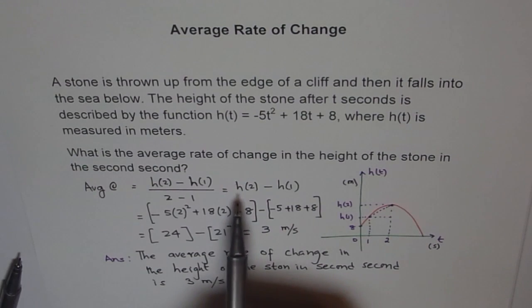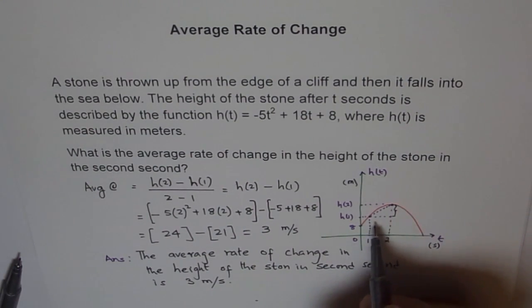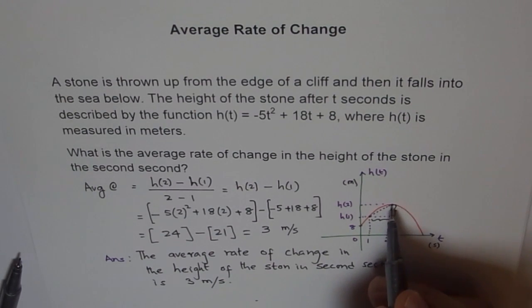So difference of height divided by difference in time, or you can say rise over run, gave us the slope of the secant, and that was the average rate of change. In the next example we will see how to find instantaneous rate of change. Okay, thank you.